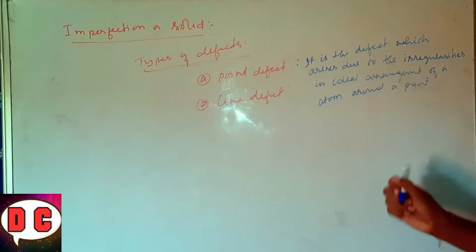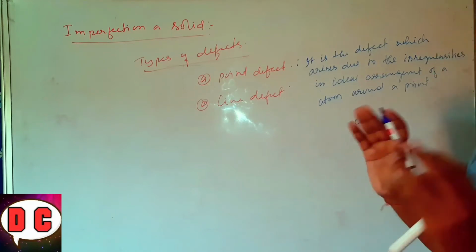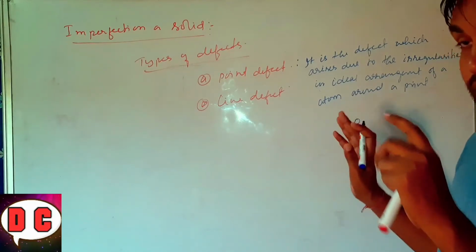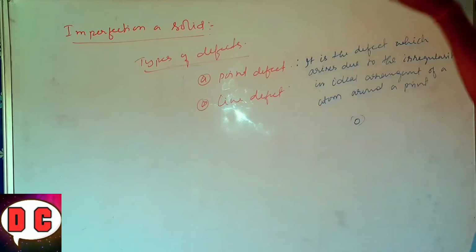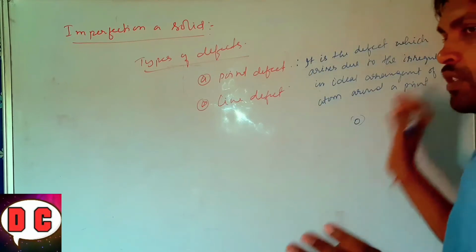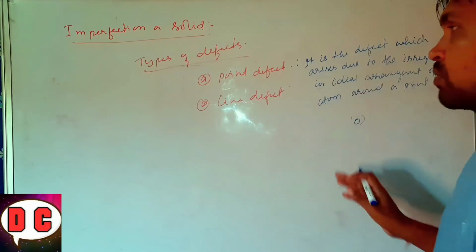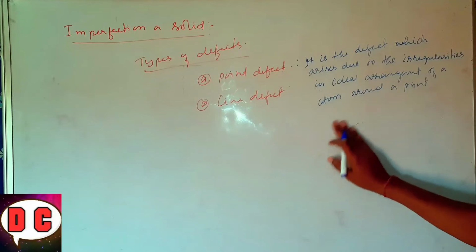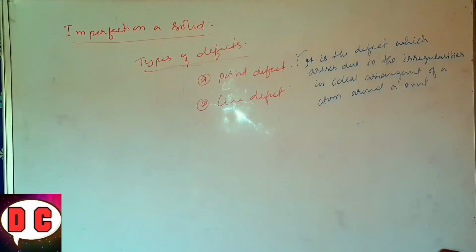So that means this defect occurs around a particular atom. It's not that it will occur throughout the crystal. No, it will occur only around a particular atom, only around a particular point. That's why we call it a point defect.